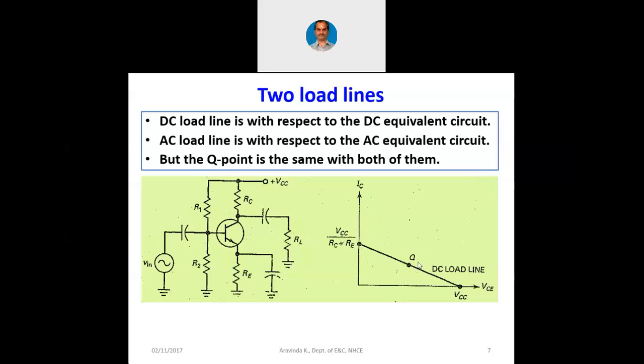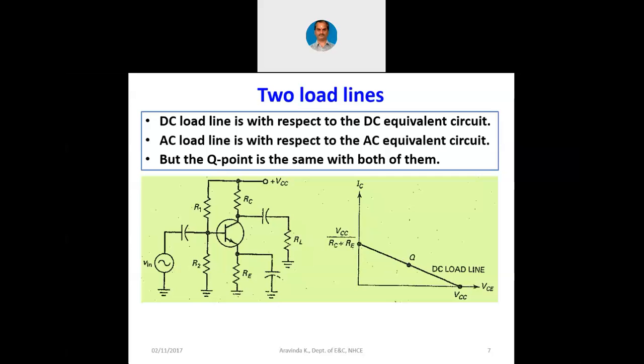But with the power amplifier, the Q point can be shifted to some other place depending upon the input signal's amplitude. In the sense, even if the Q point is not shifted, the switching of the transistor will be to the two extremes, to the cutoff as well as to the saturation.